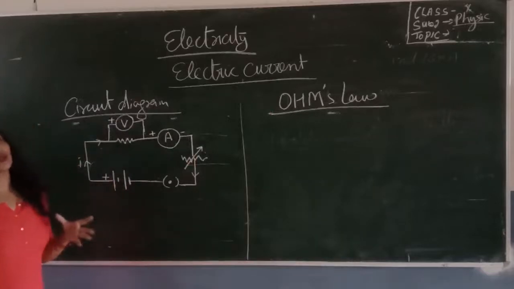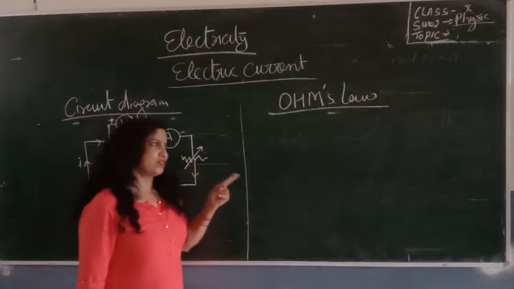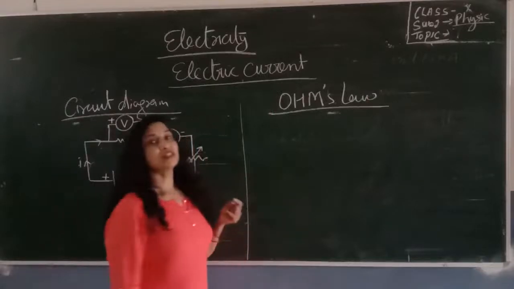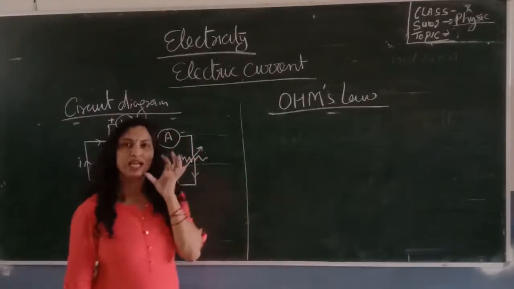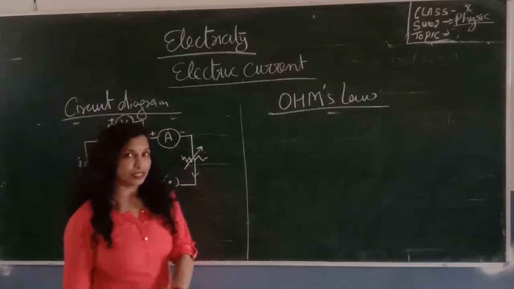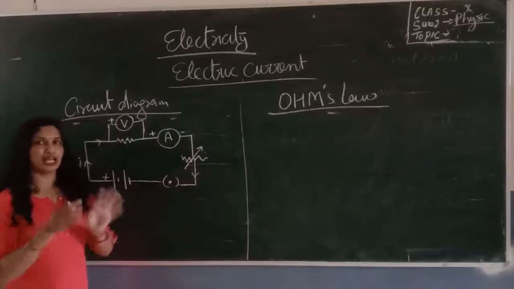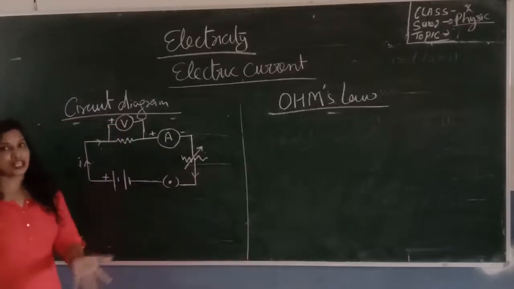According to Ohm's law, at constant temperature, the temperature is a very important thing that we have to write along with this law, because by changing the temperature the condition actually changes.